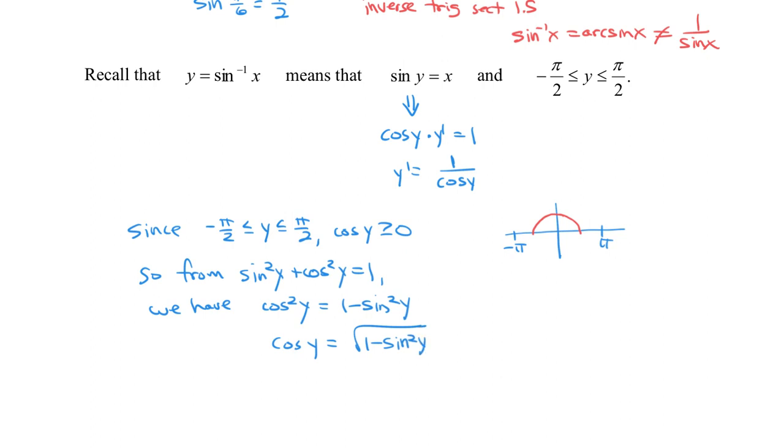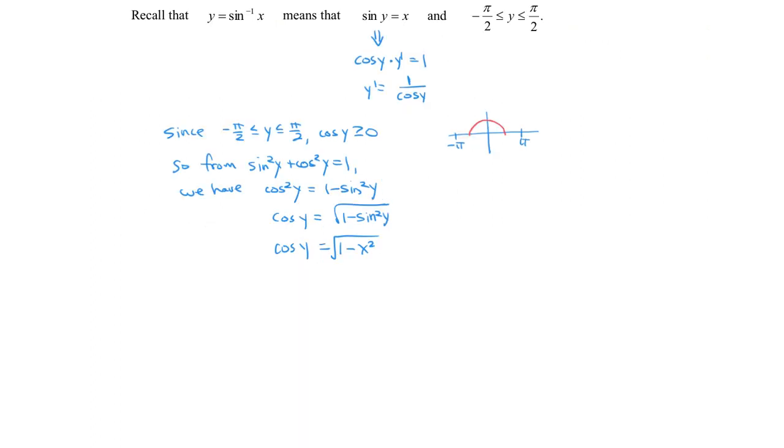And I don't need to worry about the negative root, because I know that cosine of y is greater than or equal to 0, because we're on this range here. And then we also know this. So 1 minus sine squared y, but sine of y is the same as x. Because sine of y is the same as x, we could say cosine of y is equal to the square root of 1 minus x squared. Okay, so cosine of y is the square root of 1 minus x squared, and therefore we could say this.